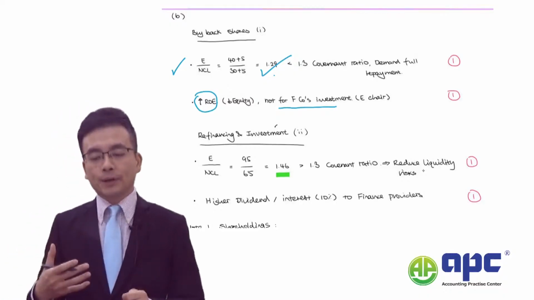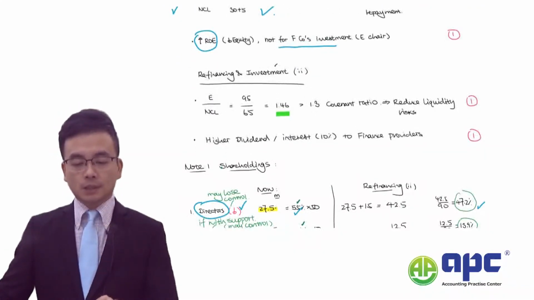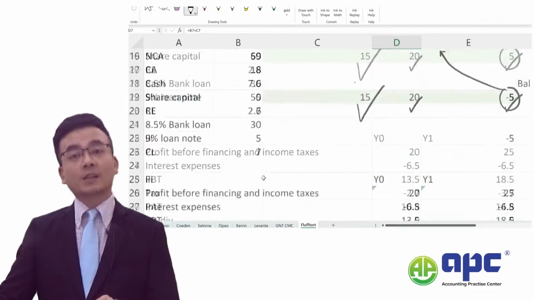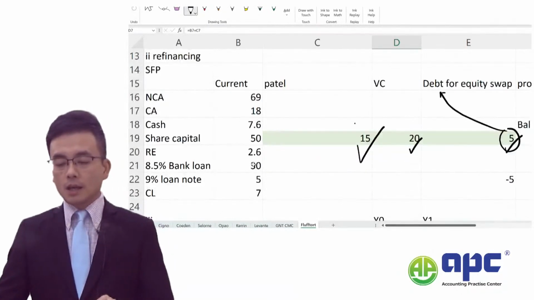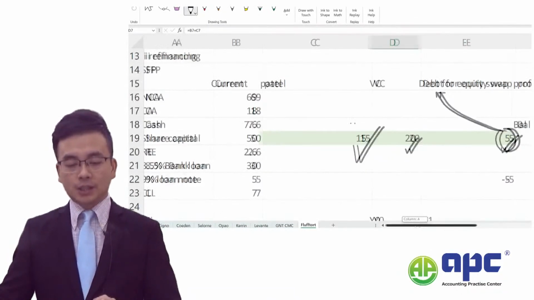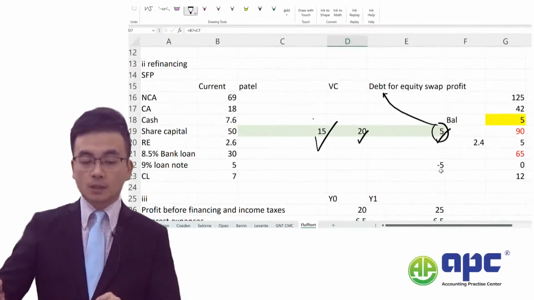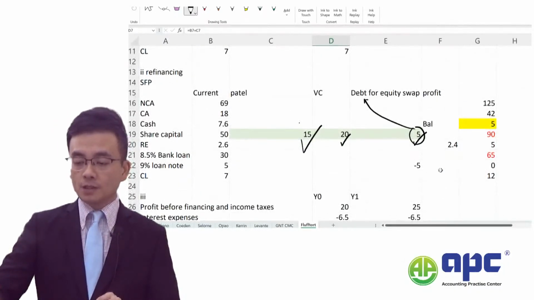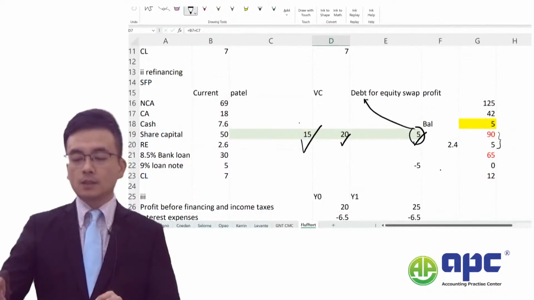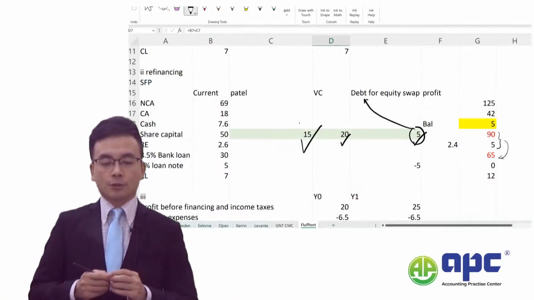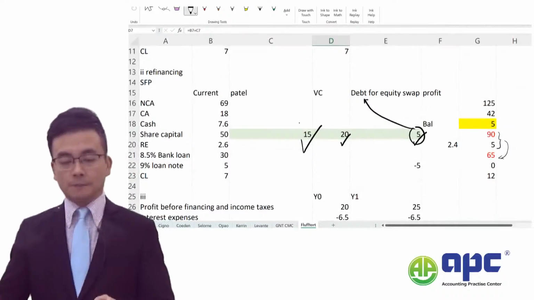In the second plan, as we can see, going back to our second one, basing on the equity in total, that would be 95 over 65 of your non-current liability.